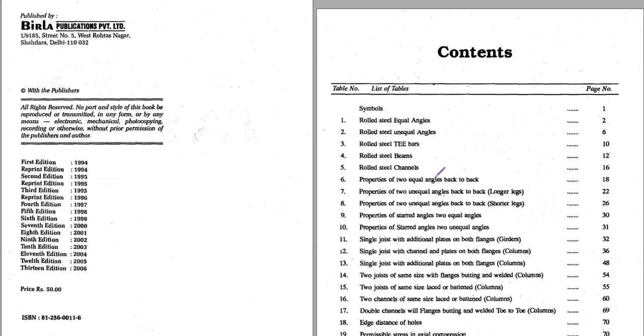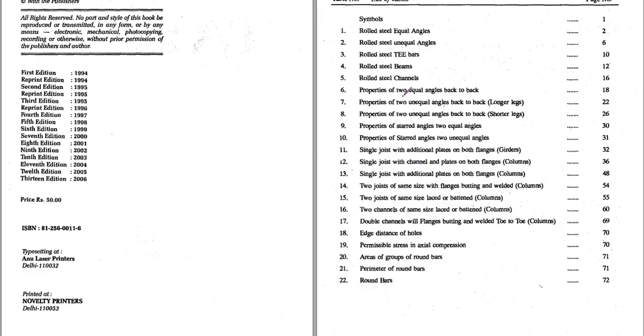If you go to the contents, you can see the properties of two unequal angles back to back, longer leg connected. Here the angle is ISA 90 cross 60, that means leg sizes are 90 and 60, unequal angles.